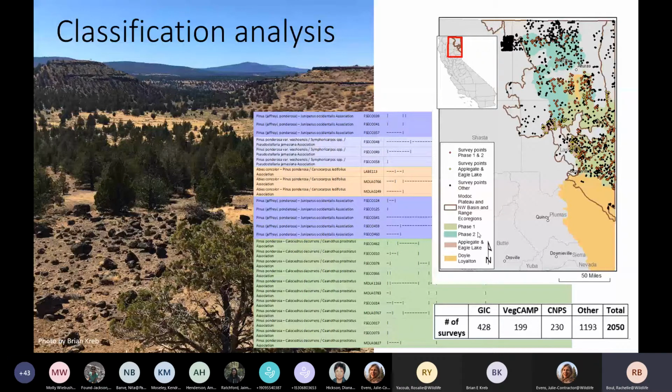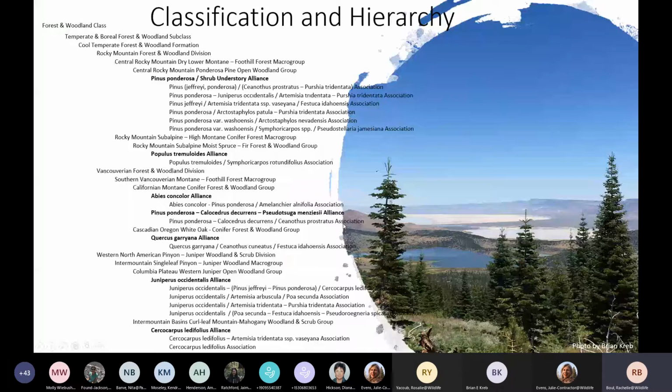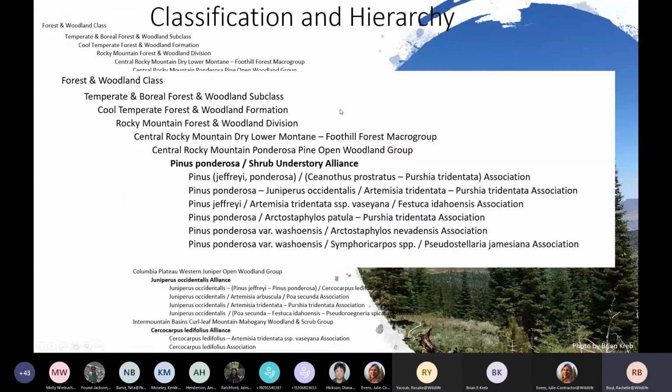So all this information goes into creating a hierarchical vegetation classification that follows the National Vegetation Classification System. If I zoom in here to a part of the hierarchy, you can see the different levels of the hierarchy, from class level at the very top all the way down to association level.